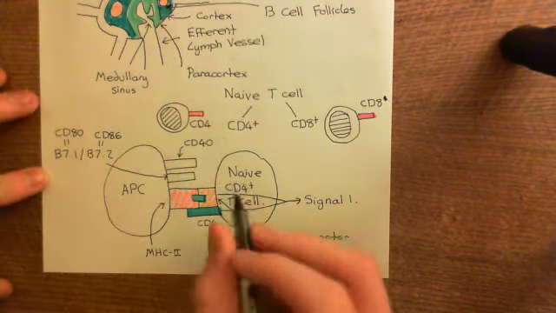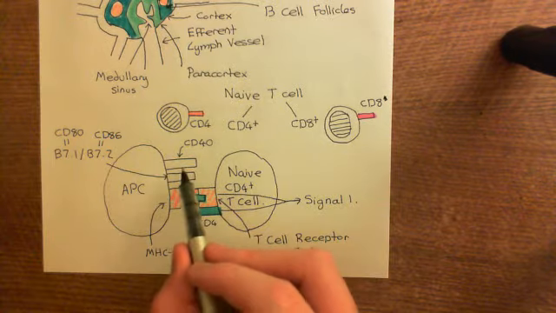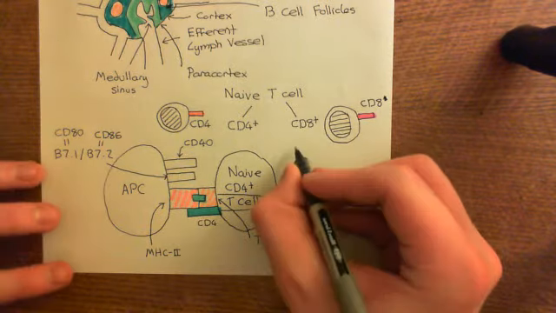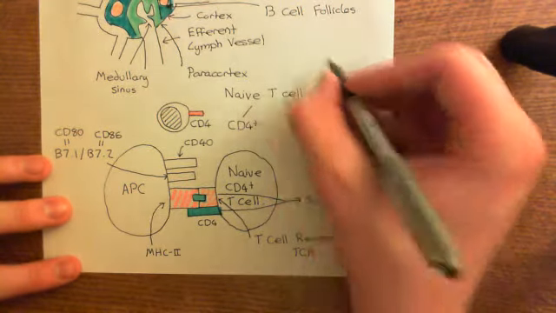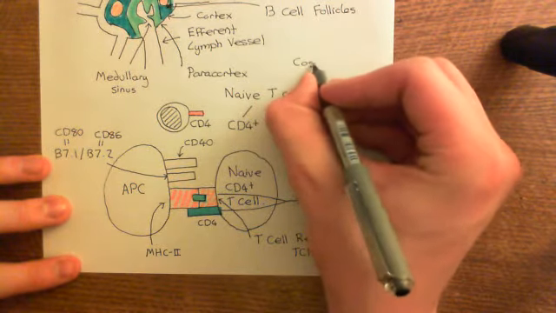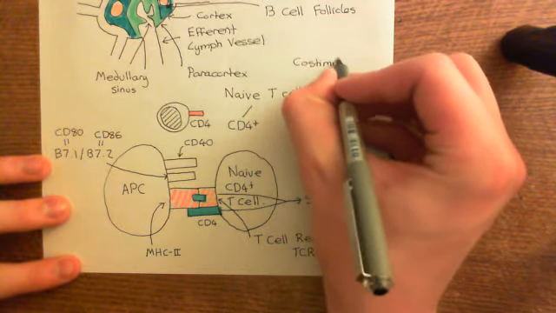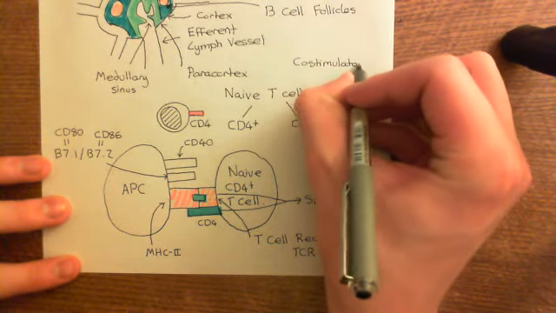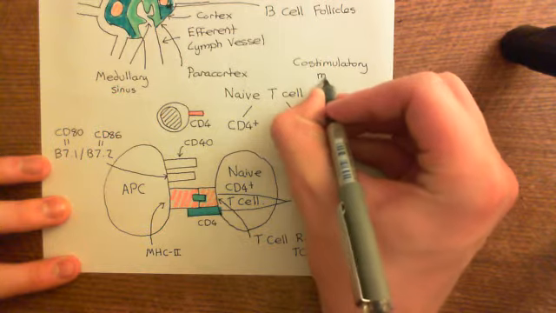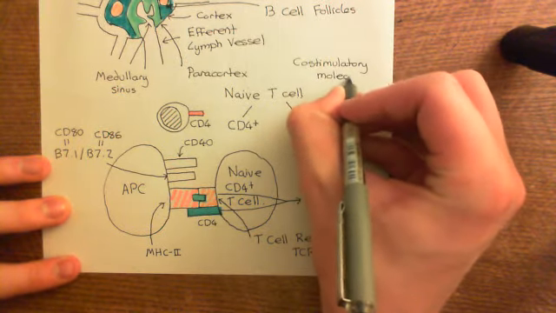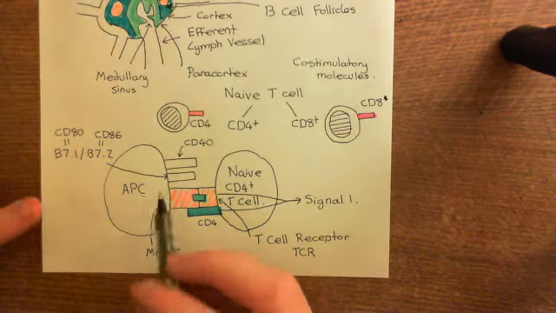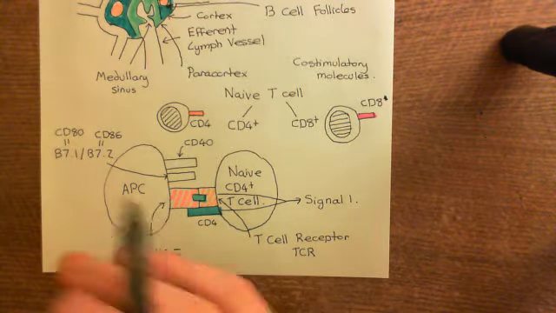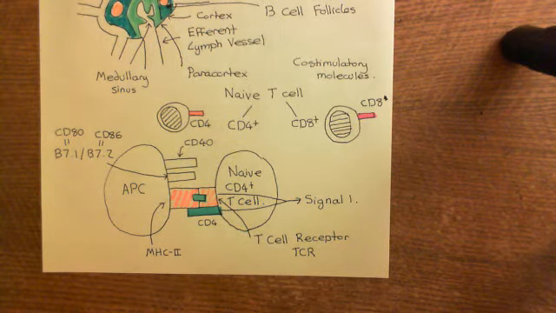Now, what actually induces the expression of these co-stimulatory molecules, and I should write that because it's so important somewhere. I'll put it up here because I want to leave that space free. So you're going to put these co-stimulatory molecules on the surface of the antigen-presenting cell. What actually induces their expression? Basically, you need activation of the pattern recognition receptors on the antigen-presenting cell.